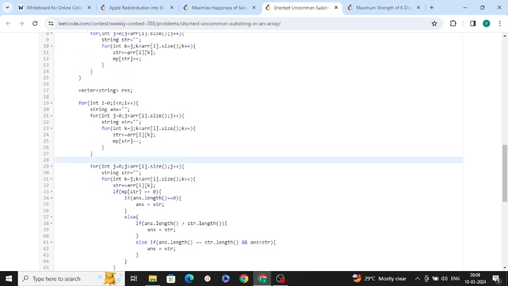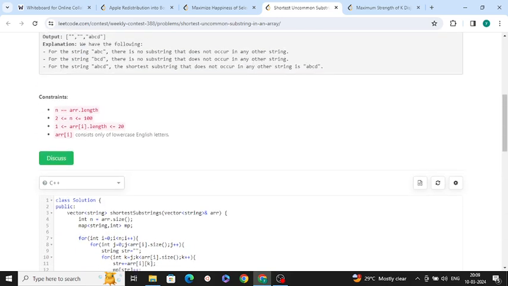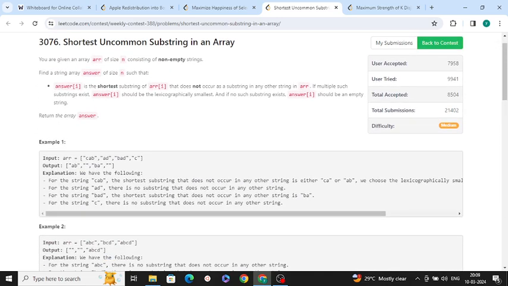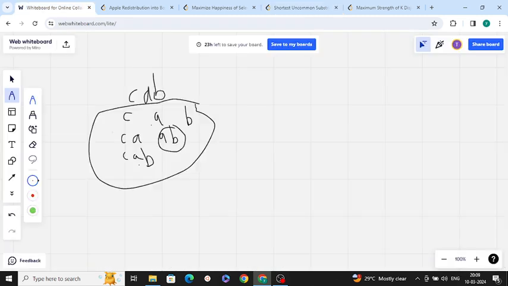After that, we have created a vector of strings for storing our answer. Similarly, we're traversing the array, every string. For the first string, we will be decrementing the count of all its substrings. Let's say for CAB, whatever substrings we have calculated, we will decrement the count of all of them.